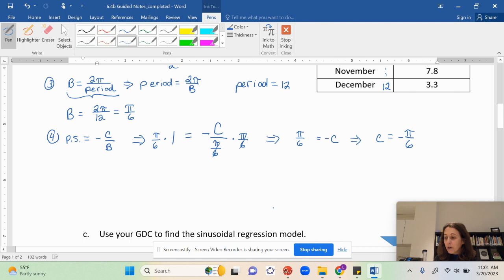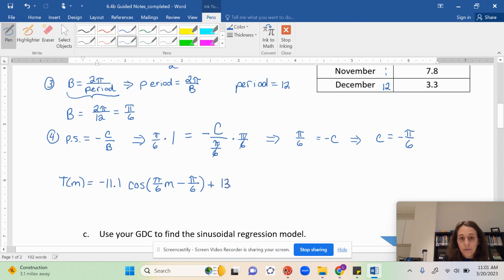And so now I have all my parts of this model. So I can write my final model. Temperature in terms of month is equal to A, which was negative 11.1, times cosine of B, pi over 6 times M, month is the independent variable, plus C. Well, C is negative pi over 6, so minus pi over 6, plus 13.3. And that should be our model.